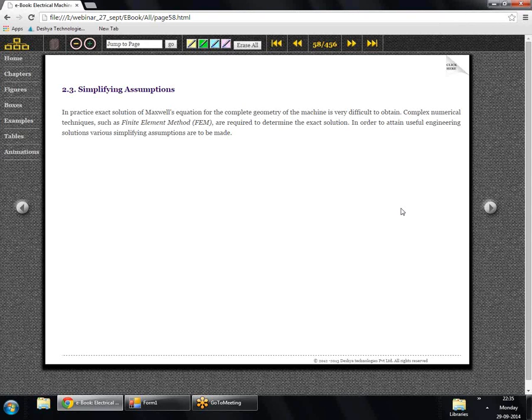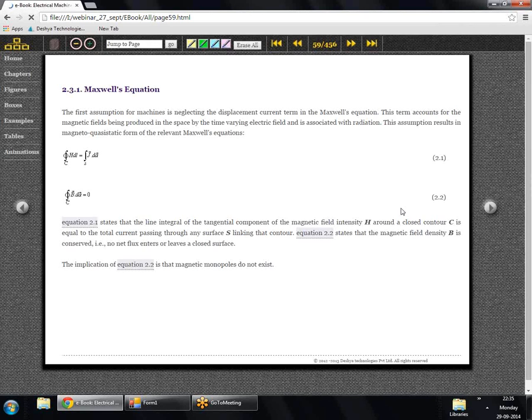One thing we have to keep in mind: the results obtained through these simplified models might not be very accurate when compared to experimental results, but they give a very deep insight into the functioning and working of magnetic circuits. So here in today's webinar, we will be focusing on those simple mathematical models.